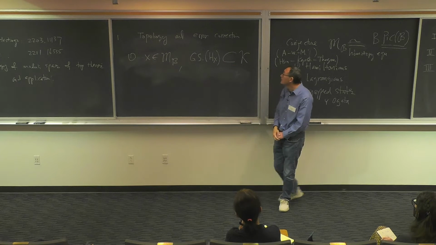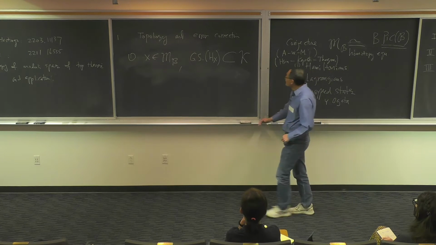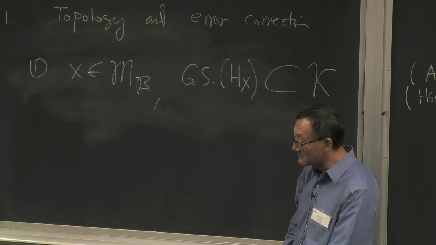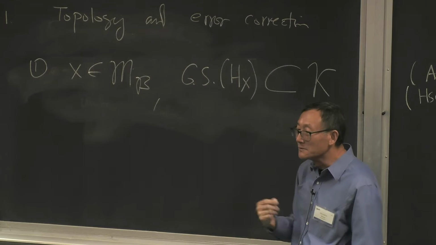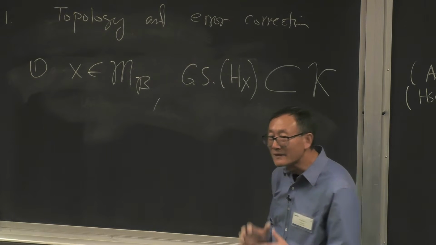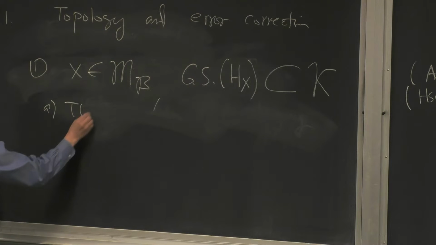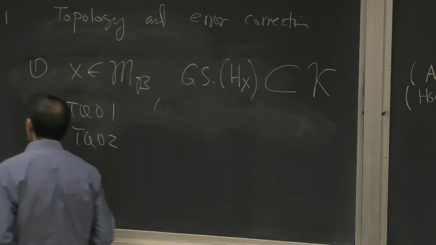And more than that, we prove something stronger, which is they also satisfy the conditions given by Matt and his collaborators, which are that they are stable with respect to local small perturbation. And that means we need to prove two conditions. They call them TQ1 and TQ2.